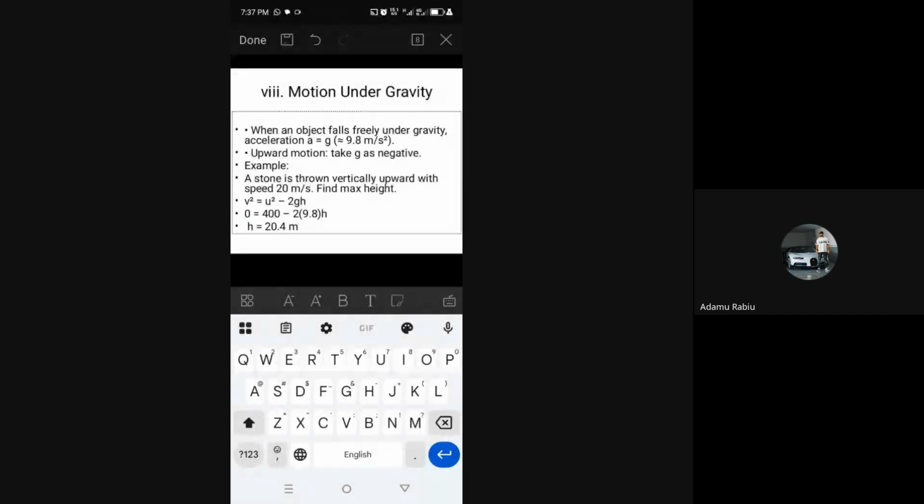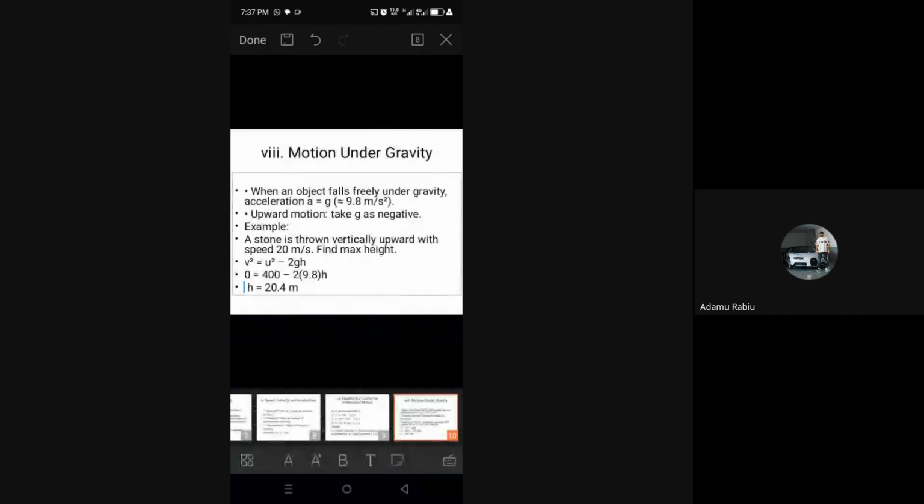This is when an object falls freely under gravity, acceleration becomes g, that's 9.8 meters per second squared. If it is an upward motion, your g is going to be negative. I have said that because in case you did not write it down, this is it. If it's an upward motion, your g becomes negative. So an example is this for motion under gravity.